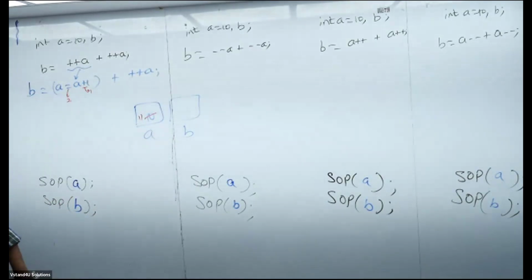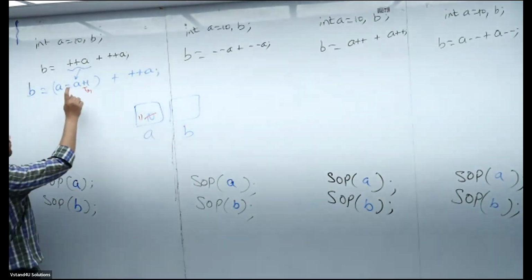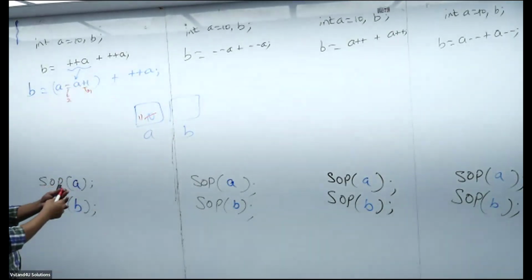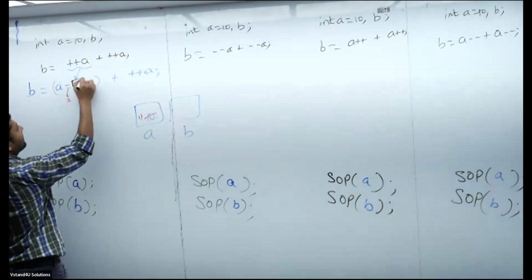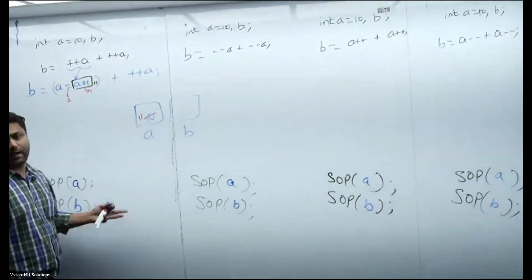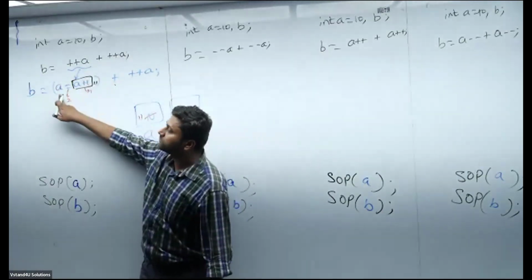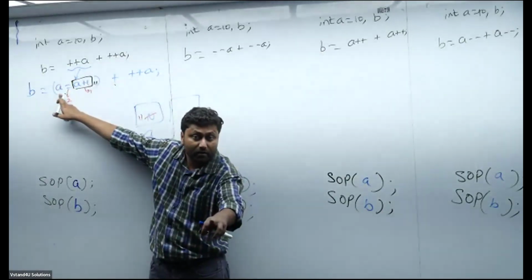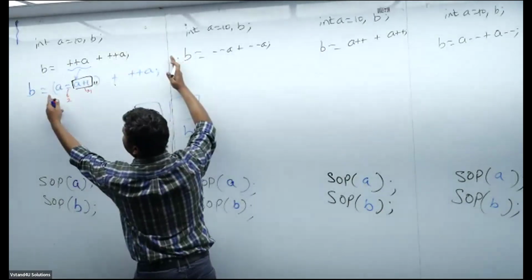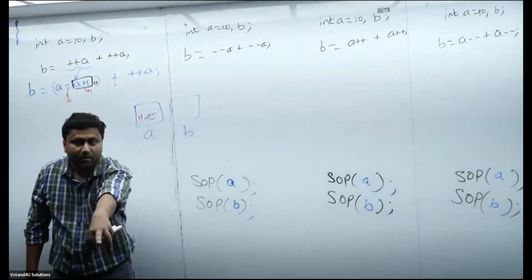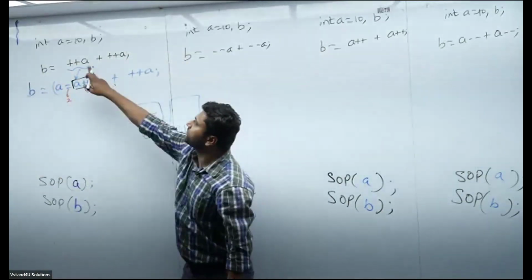Am I right? No confusion. What did this one become entirely? When you calculated a plus 1, this became 11 entirely. This 11 will be assigned to whom? Are you getting my point? See, this entire expression is evaluated, then the value of b will be assigned. The entire operation has two parts. First, I am talking now.